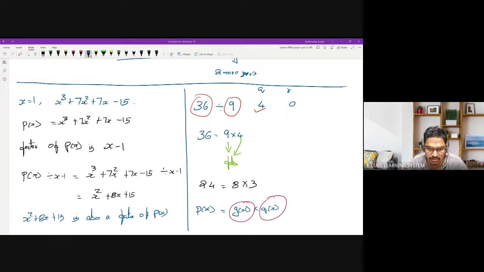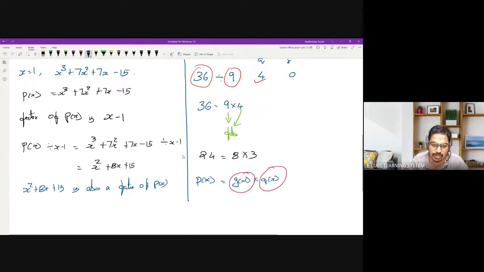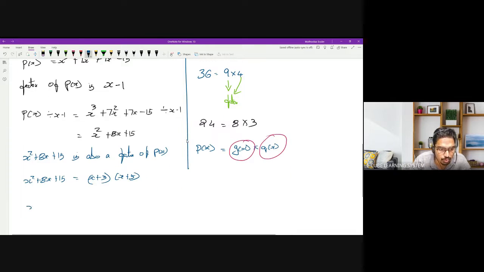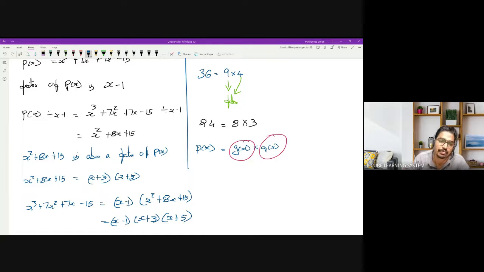Now, x square plus 8x plus 15 is equal to x plus 3 into x plus 5. So altogether, x cube plus 7x square plus 7x minus 15 is equal to x minus 1 into x plus 3 into x plus 5.